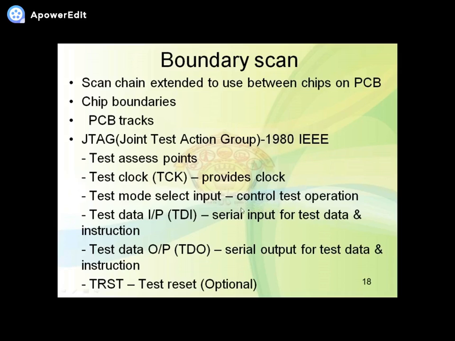Another is test data output, which gives the serial data output for the test data and the instructions. There is also an optional pin, the test reset input, but it is not widely used, so it is rarely used in practice.